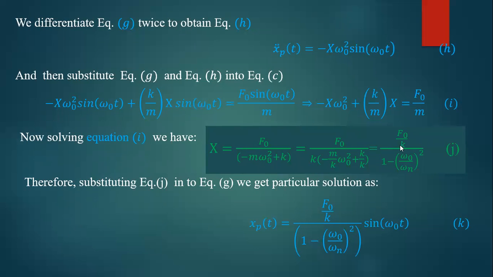That gives us this equation. Either we can represent it in terms of delta s. So x particular of t is equal to delta s over 1 minus omega naught over omega n squared, times sine omega naught t.